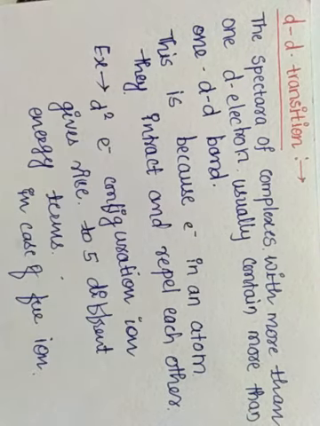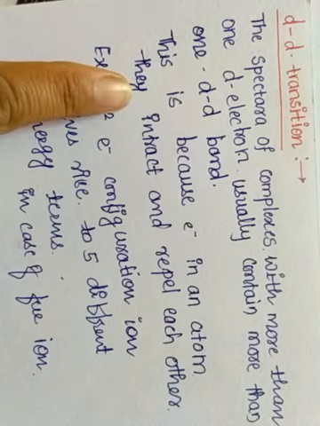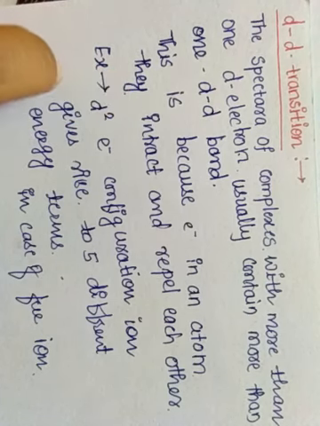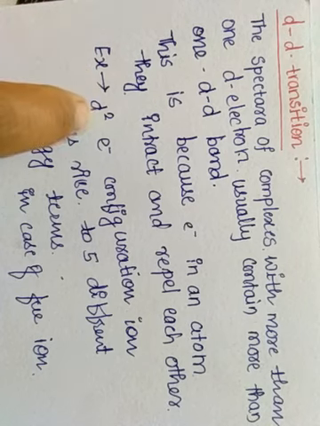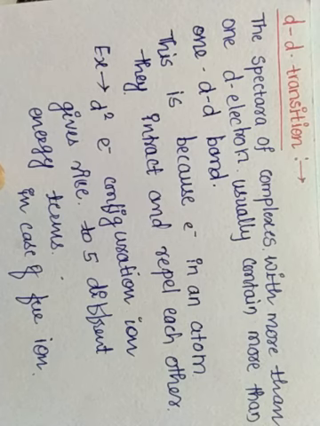The spectra of complexes with more than one D electron usually contain more than one DD band, because electrons in an atom interact and repel each other. For example, the D2 electronic configuration gives rise to 5 different energy terms, in the case of a free ion or molecule also.